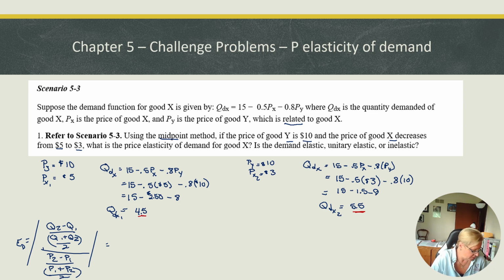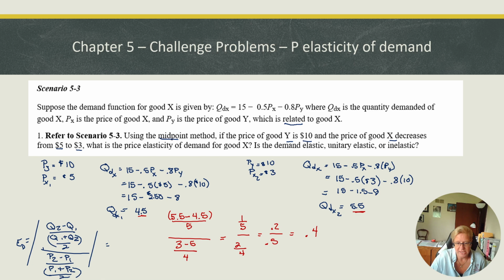So from that, what we get is 5.5 minus 4.5 over 10, half of 10 is 5, over 3 minus 5, half of 8 is 4. And so we end up with 1/5 over 2/4, or 0.2 over 0.5, which makes this 0.4.